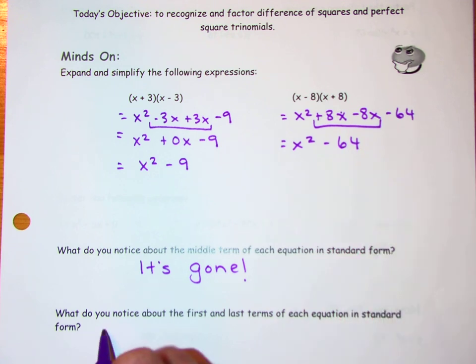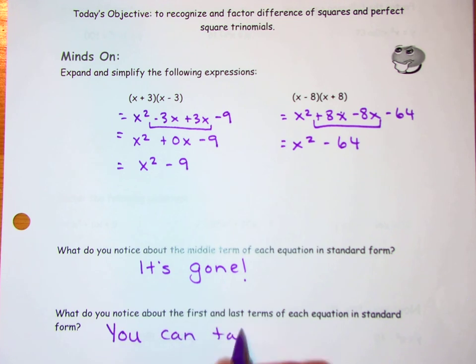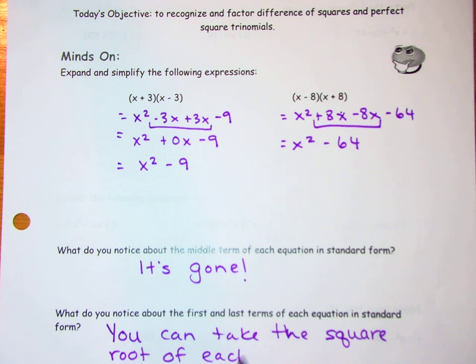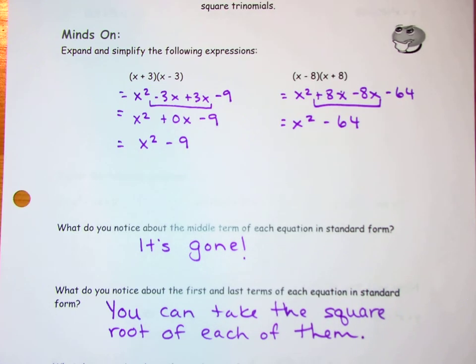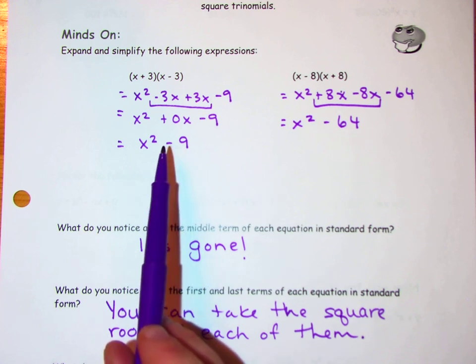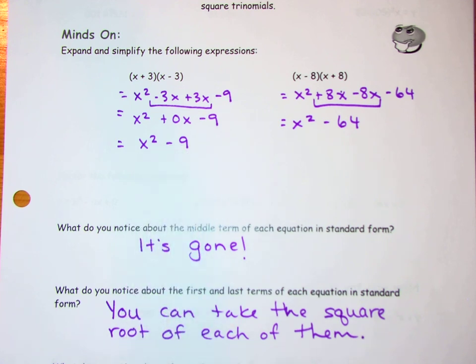So you can take the square root of each of them, and that's really important here for this shortcut. This is what we call a difference of squares. Difference meaning subtraction, and squares, well, two perfect squares. So that's the shortcut we're going to look at.